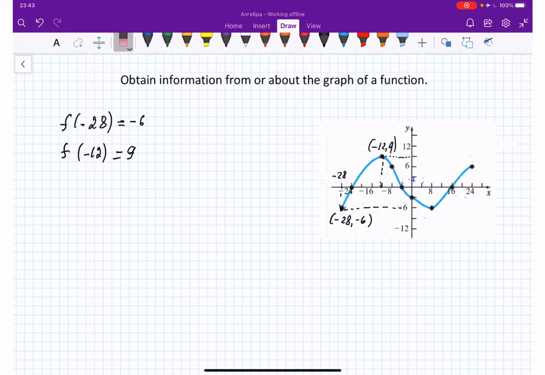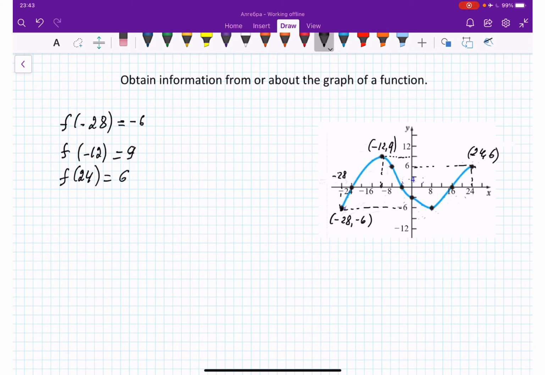Okay, next we need to find f of 24. Where is our 24? It's right here. And that is going to be equal 6, right? So 24 and 6.